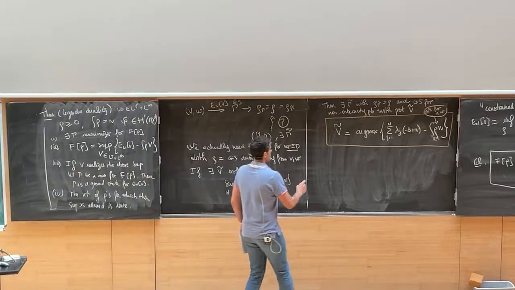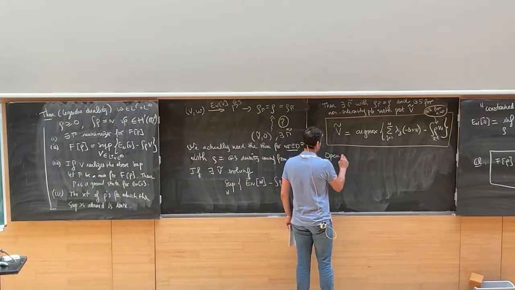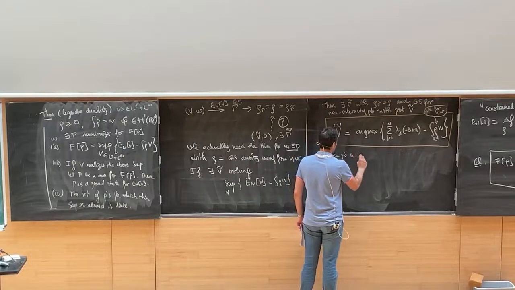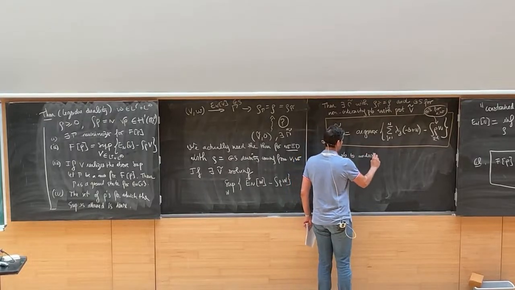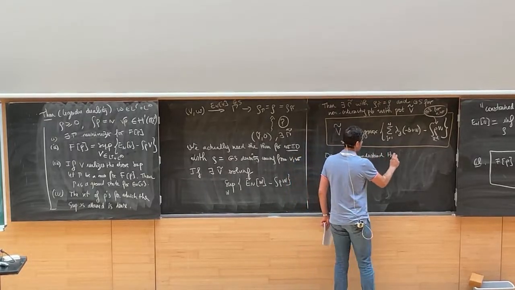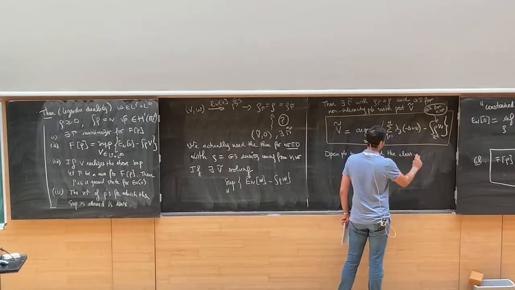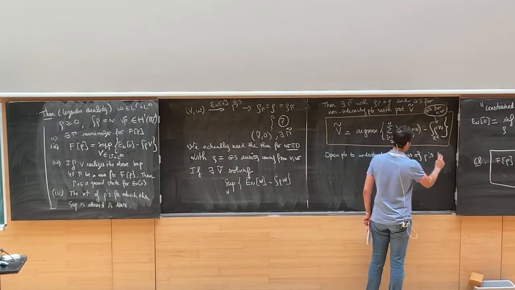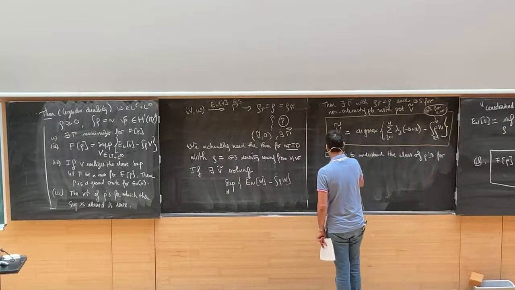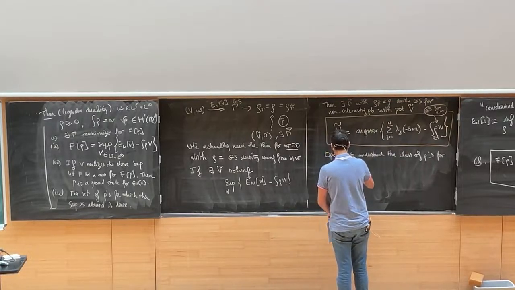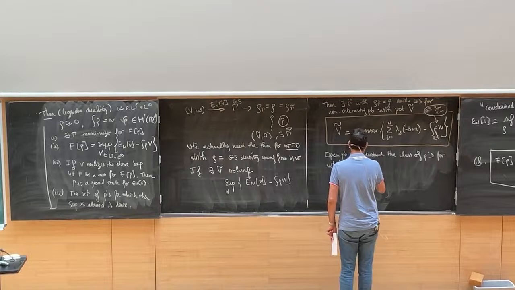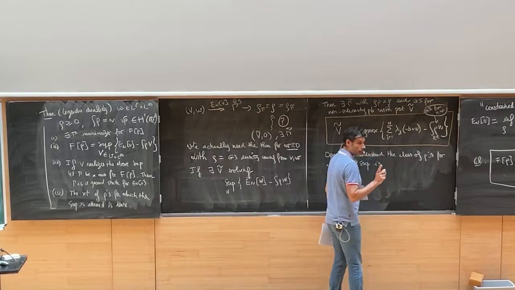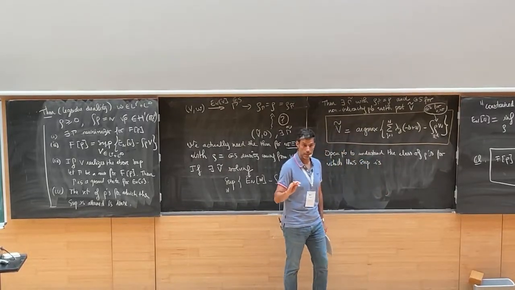So it's an open problem to understand the class of rhos for which this sup is attained. And I'm just talking about the non-interacting problem.